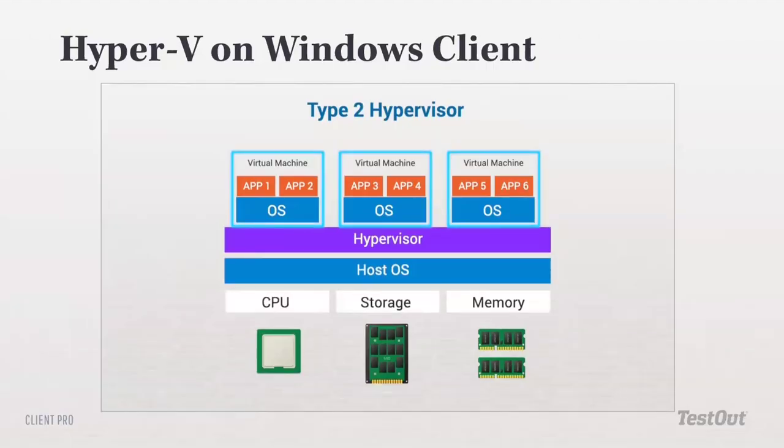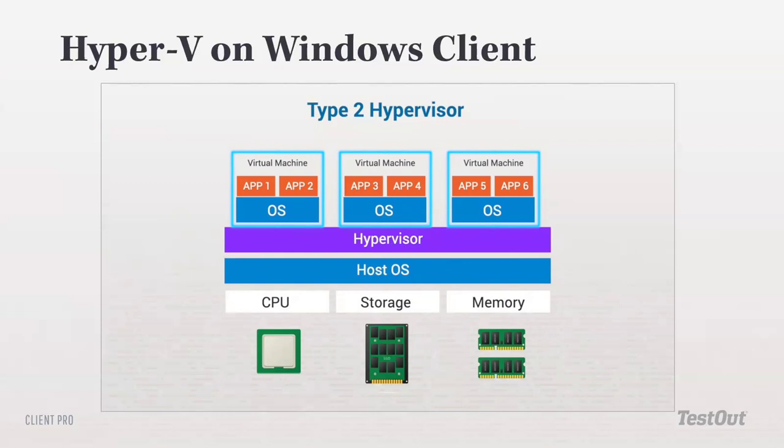hypervisor. Now, a type 2 hypervisor, which Hyper-V is, sits inside a host operating system, in this case, Windows. And it is a piece of software that similarly allows multiple virtual machines to share the CPU cycles, the disk space, the storage, and the memory, and other resources of the physical hardware on which they reside.